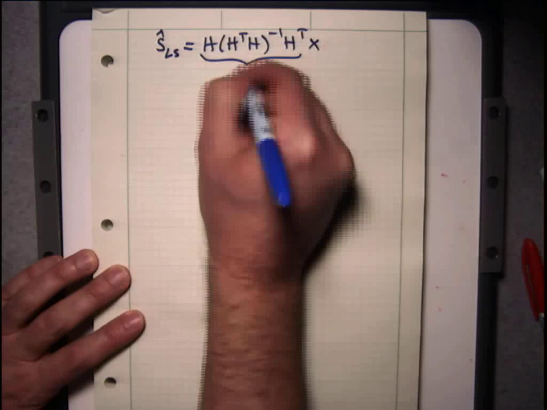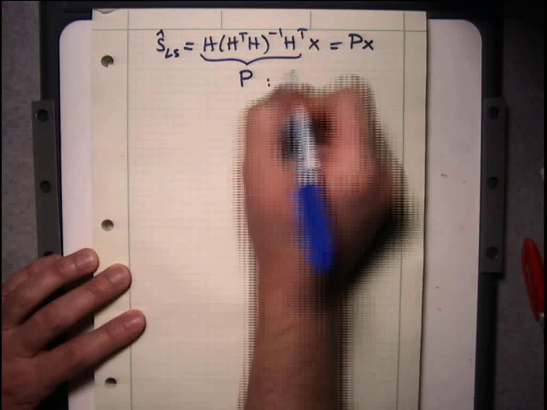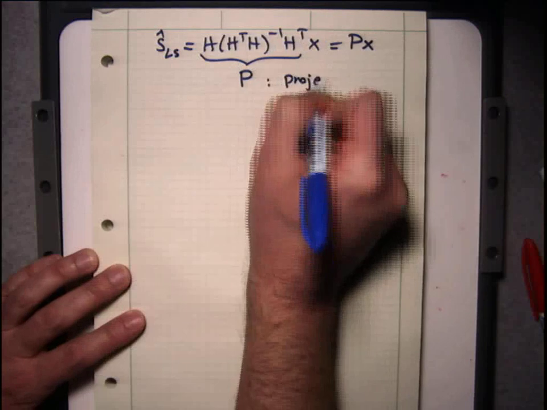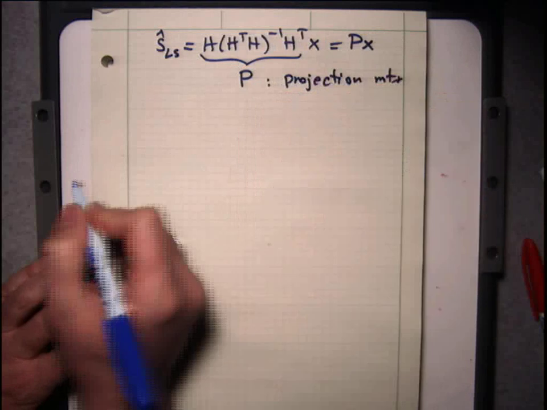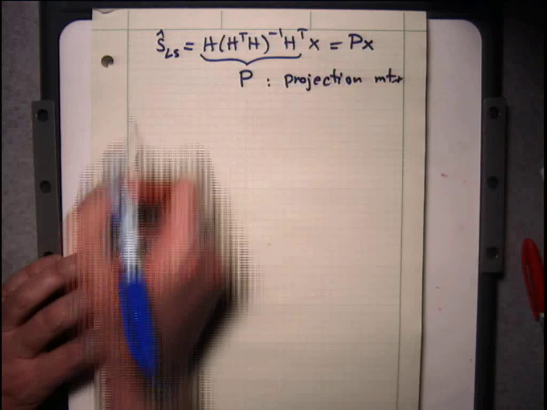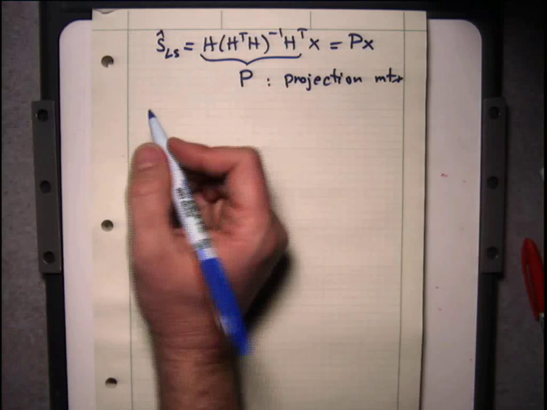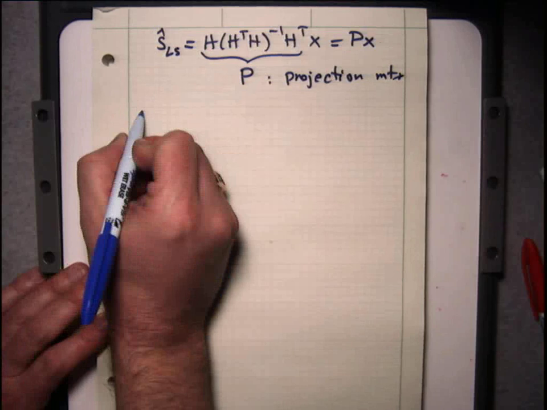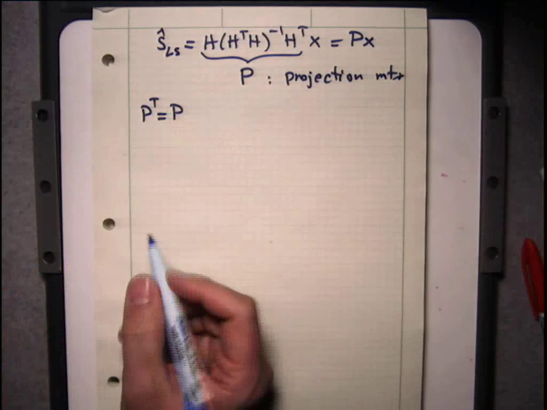I'm going to call it capital P, so I'm going to write this as P times x. It turns out this P is something called a projection matrix. And the reason it's called a projection matrix is that it satisfies a couple of algebraic properties. P transpose is equal to P, so it's symmetric.